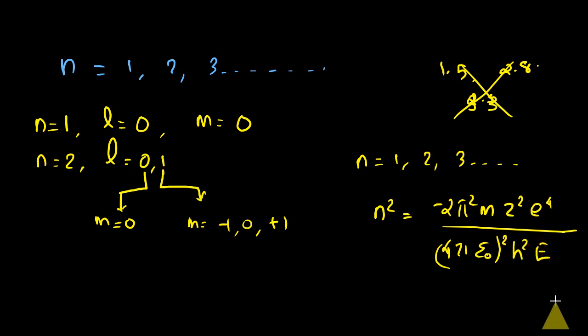So these constants appeared in our equation, and all these together were called n square. So n square, or in other words n, occurred naturally, right? n occurred naturally.